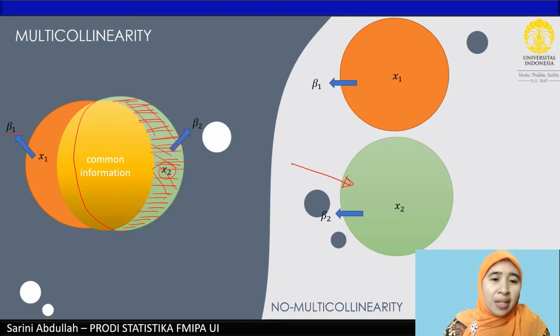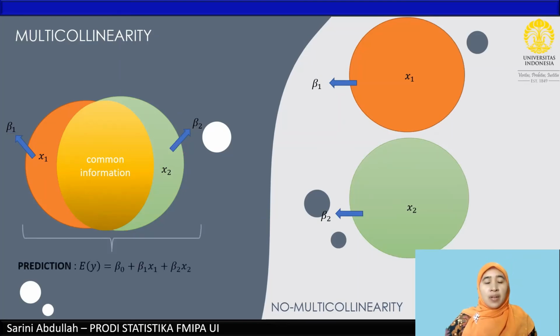In my understanding, x2 should be contributing quite significantly in explaining the response variable y. But due to the multicollinearity, in our model the effect of x2 will probably become insignificant. The same goes for the effect of x1. Okay, so that's the problem that we will have when there is some multicollinearity in our model.